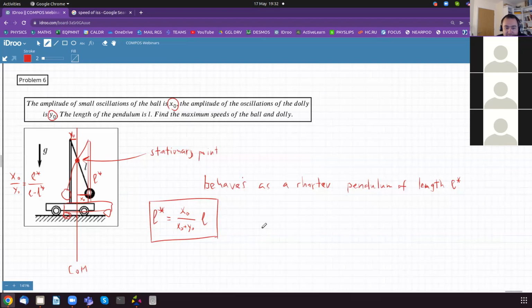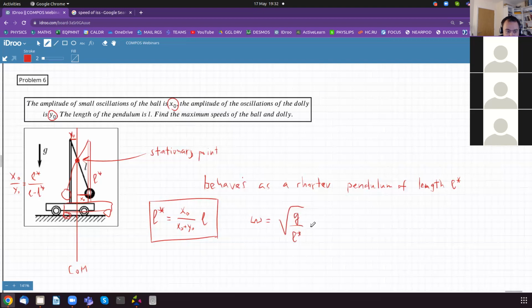And you can find the time period of the pendulum. Okay, the time period of a pendulum is, oh, you don't need to find the time period of the pendulum. What you might need is the maximum speed. So you need omega. And omega, as we already know, is the square root of G over L, in this case G over L star.